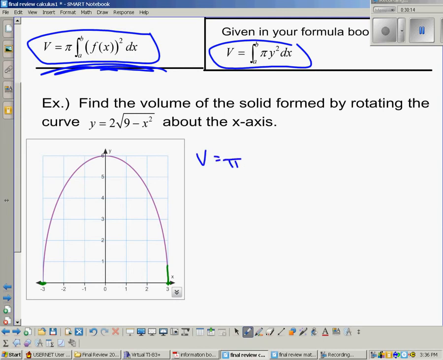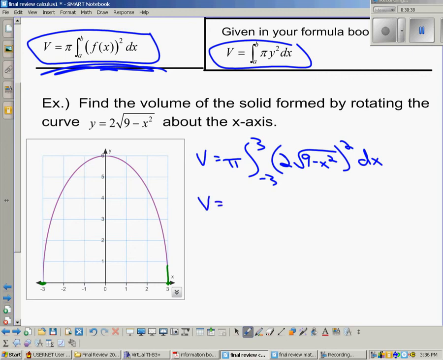So I know I'm talking about pi times the integral from -3 to +3 of the whole function squared. So I have to take 2 root 9 minus x squared and square it, and it's with respect to x.